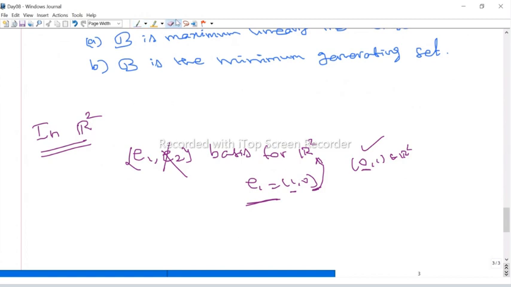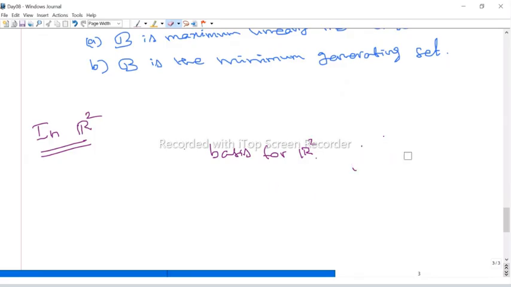So if you take 3 elements, that can also happen. For example, instead of taking e1, e2, you can take any 2 elements that are linearly independent. Suppose I take the ordered pairs (1, 1) and (1, -1). Now we are going to show that these 2 form a basis.